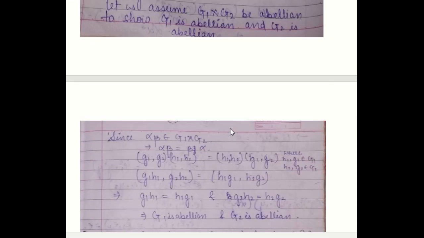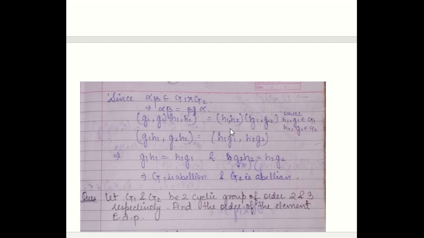Now conversely, we assume that G1 cross G2 is abelian, and we will show that G1 is abelian and also G2 is abelian. For this, let us consider alpha, beta to be any two elements of G1 cross G2. Since G1 cross G2 forms a group, their product alpha beta will also be in G1 cross G2.